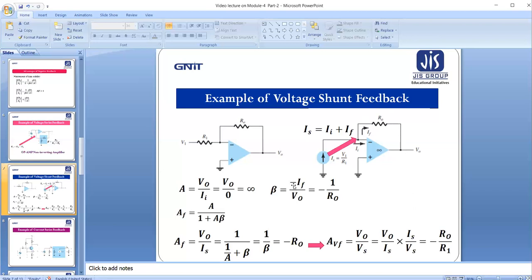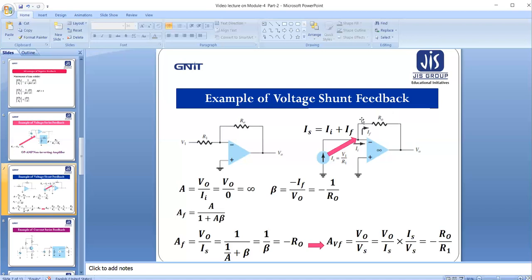That's why we are giving the negative sign. Because from our basic circuit, the output will send a signal towards the input due to feedback, but in this case the feedback current direction is just opposite of the conventional one. That's why we are introducing a negative sign. So beta becomes minus IF by V naught. Now we are seeing that in the feedback path, there is only a single resistance.